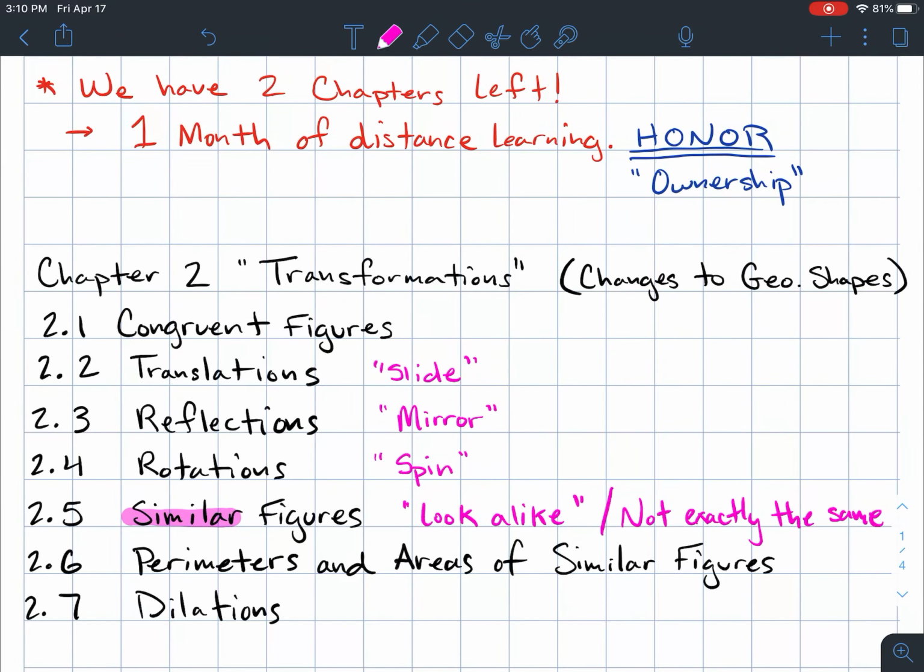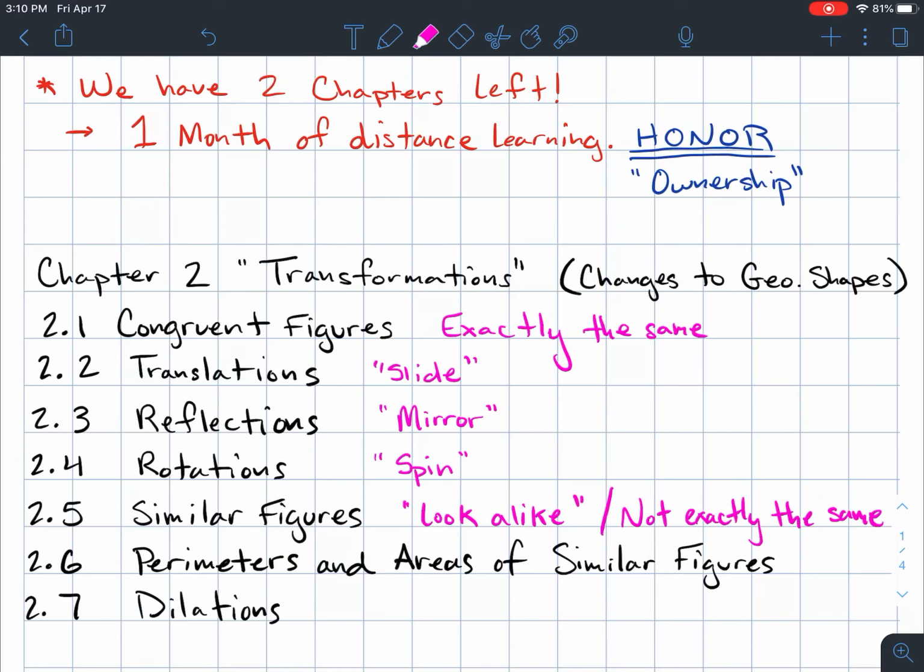And if you recall, congruent is exactly the same. So similar, they look alike. Like all squares are similar, but they are not all the same. Perimeters and areas of similar figures. So you'll be finding out missing dimensions with shapes that are similar to one another.